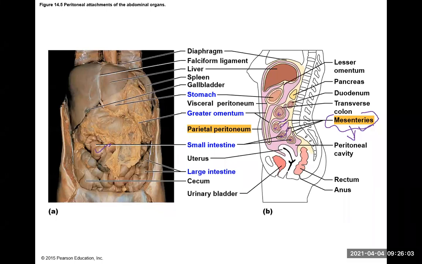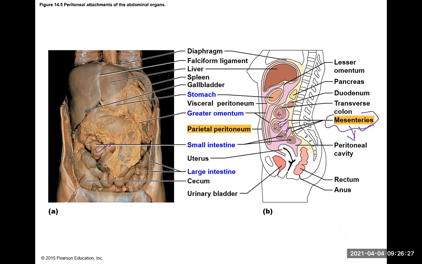However, about mesentery, Leonardo da Vinci spoke about these organs long back, in the 1500s. But it was recently explored that these mesenteries are very important because they hold the organs.